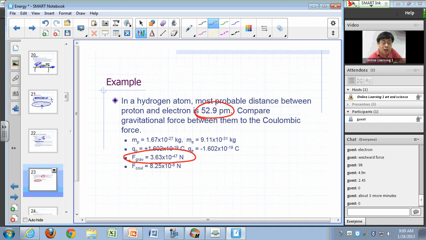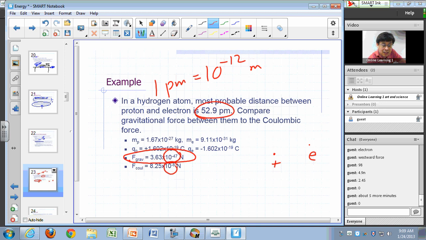The average, most probable distance of an electron from a proton in a hydrogen atom is about 52.9 picometers. A picometer is 10 to the negative 12 meters. At that typical distance, the gravitational force between them is 3.63 times 10 to the negative 47. That's a very small force. Whereas the Coulombic or electrostatic force is 8.25 times 10 to the negative 8.